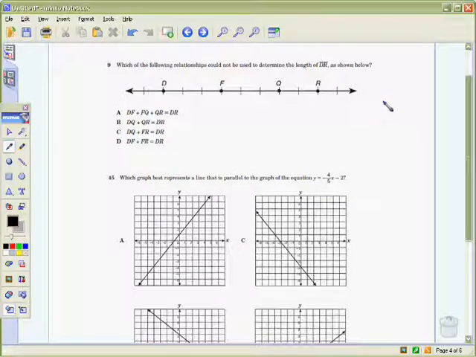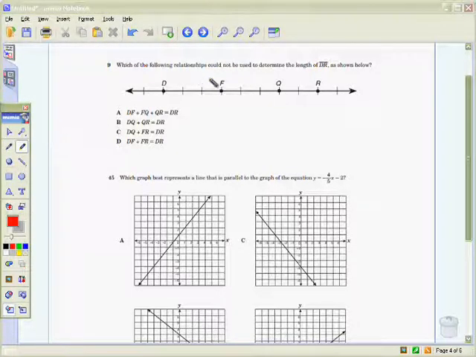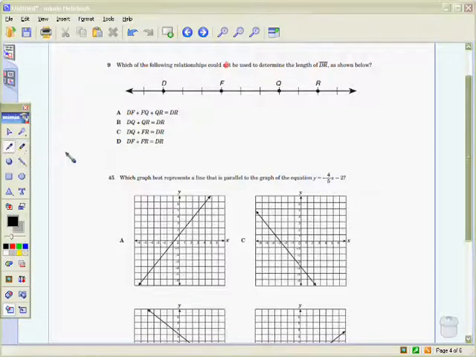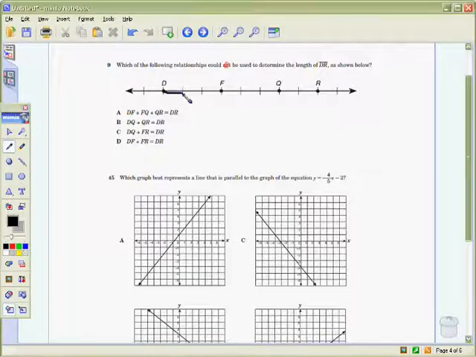Number 9. Which of the following relationships could not be used to determine the length of segment DR as shown below? Okay, key word here being not. Okay, so let's look at A. A says DF plus FQ plus QR equals DR. Well, that one works.